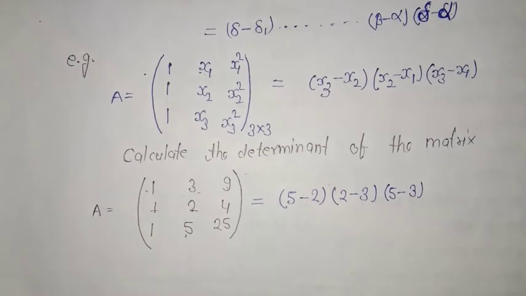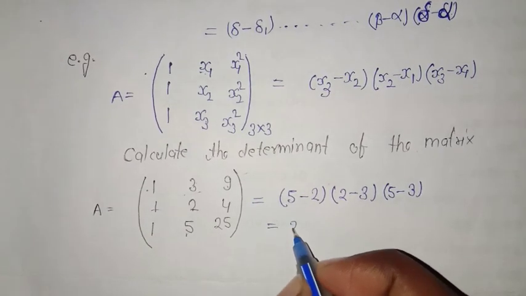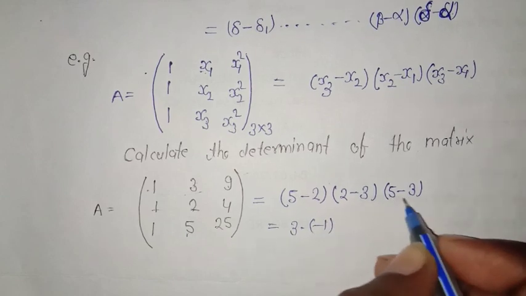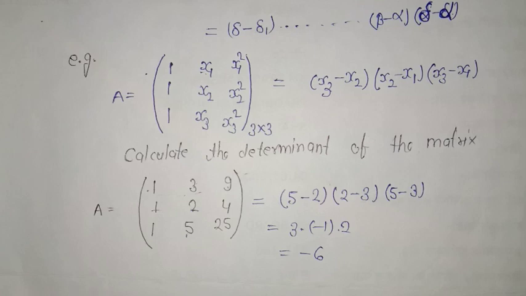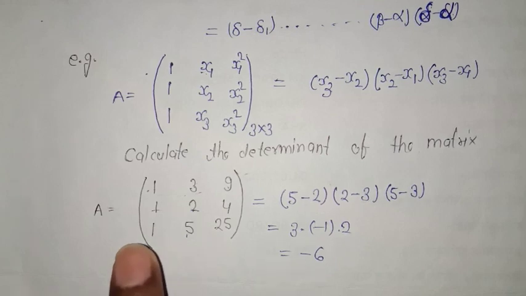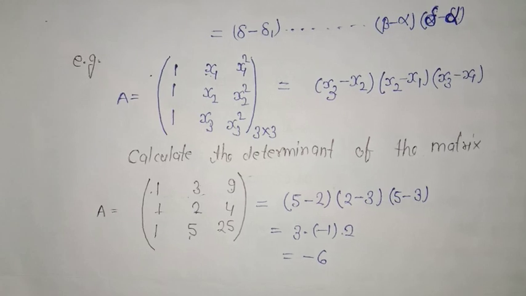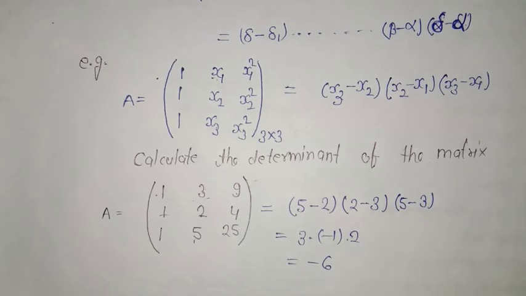So what will be the determinant of this matrix? 3 into minus 1 into 2, that is minus 6. So in this way you can determine the determinant of this type of matrices easily. I hope you have understood the concept of Vandermonde matrix.